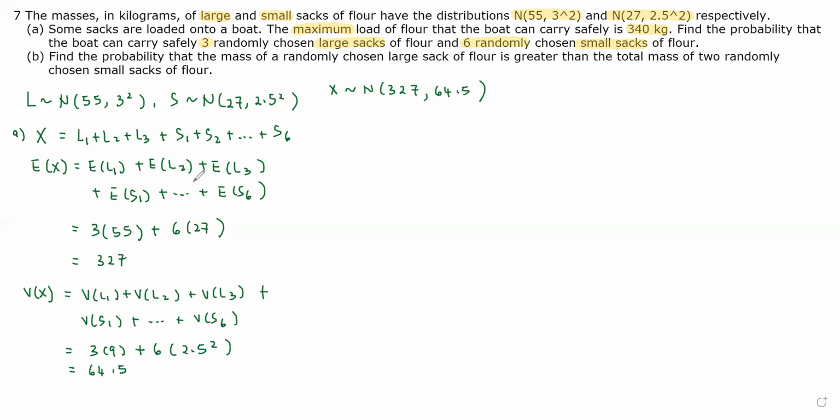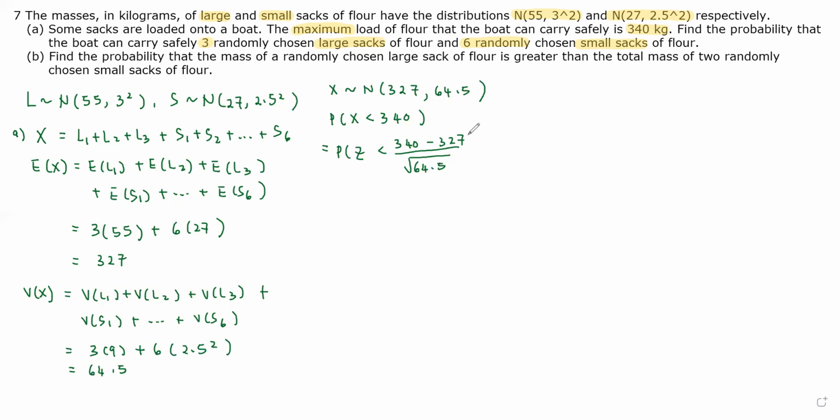Since all these random variables are independent, as these are randomly chosen, X follows a normal distribution as well. To find the probability that X is less than 340, we have to standardize, and you use the Z-score formula: 340 minus the mean, divided by the standard deviation.